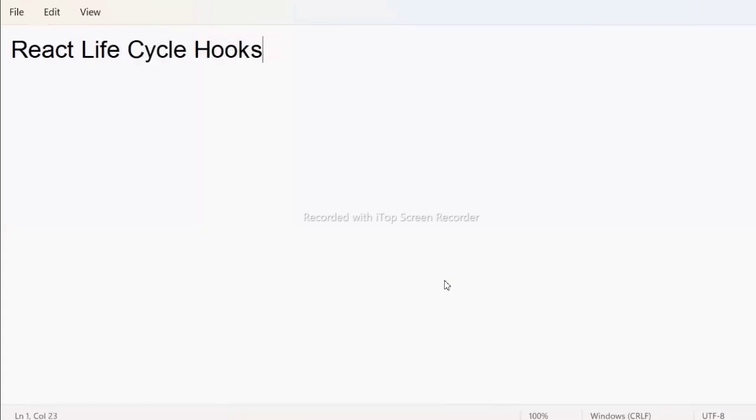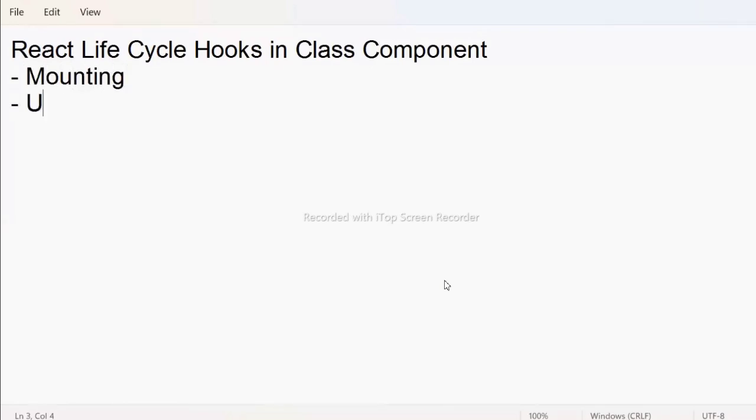Actually, we started with lifecycle hooks in class components. In a class component, we discussed three phases: mounting, updating, and unmounting. We saw one example for that.